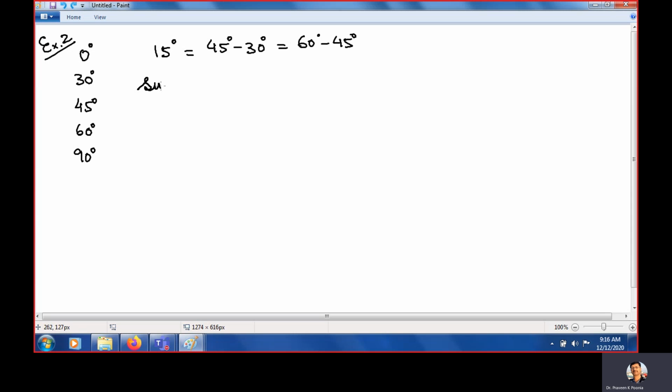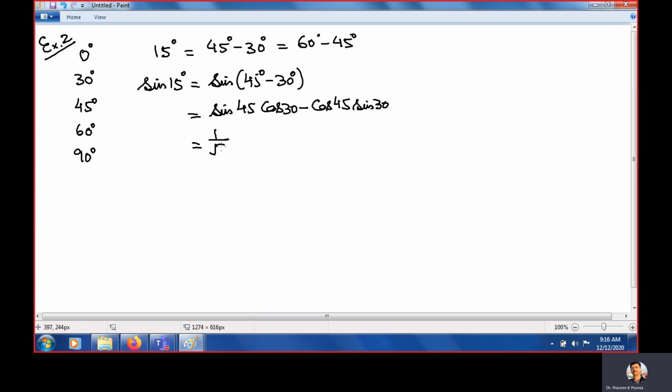First we will solve sin 15 degree with the help of 45 and 30, that is 45 minus 30. So what is the formula? Sin(A minus B) is sin A cos B minus cos A sin B. Sin 45 is 1 upon square root 2, cos 30 is square root 3 upon 2, minus cos 45 is 1 upon square root 2 and sin 30 is 1 upon 2.